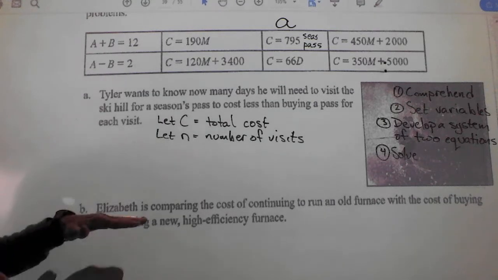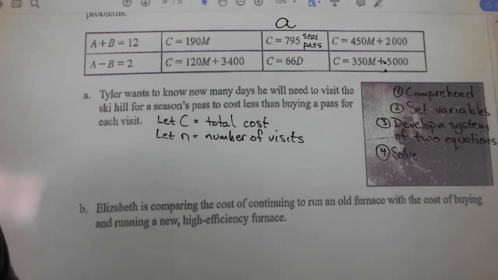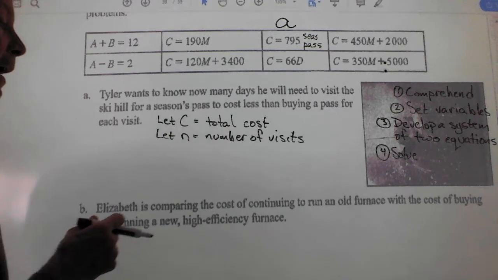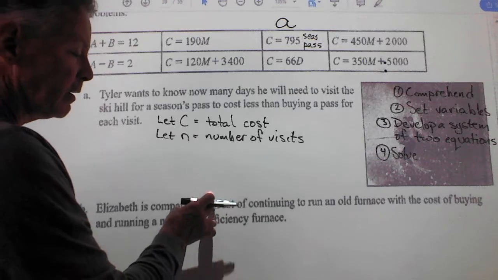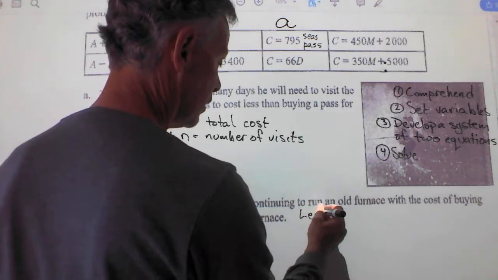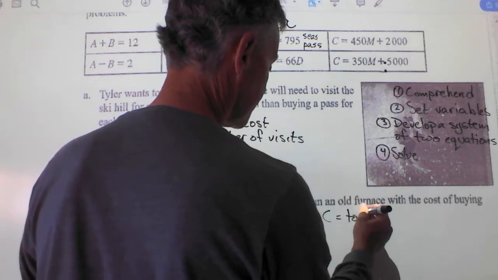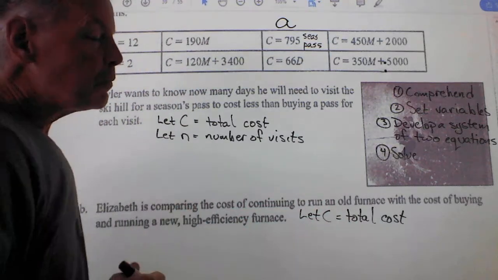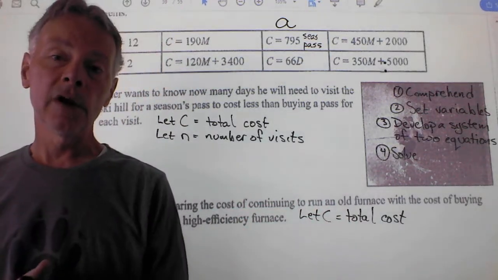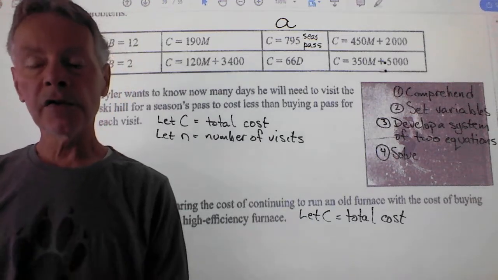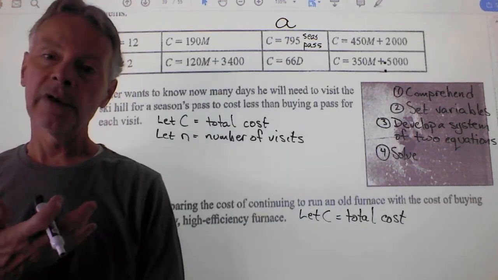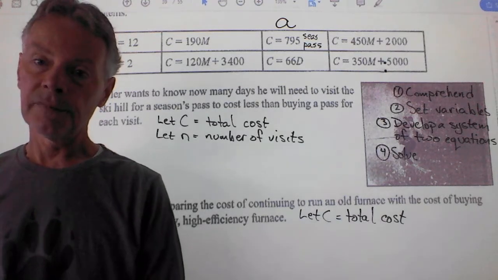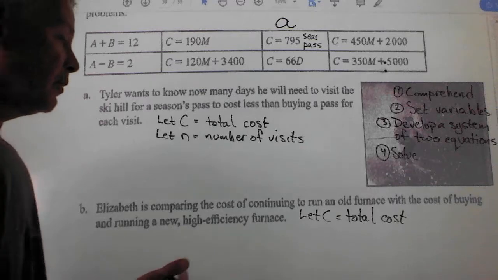For situation B, it says Elizabeth is comparing the cost of continuing to run an old furnace with the cost of buying and running a new furnace. So again, our two variables would be the total cost, and if you buy a new high efficiency furnace, or if you keep your old furnace, you're still being charged a certain amount every month for your gas, depending on how much gas you use.